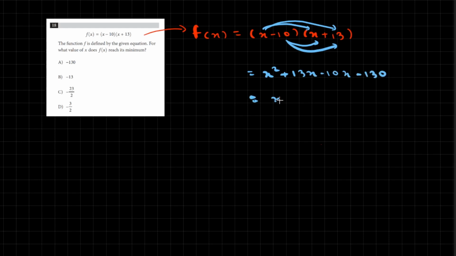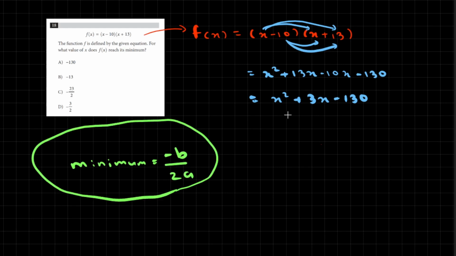Next, let's simplify it by combining those middle terms. 13x minus 10x leaves us with a positive 3x. So, our new equation is x squared plus 3x minus 130. Now, let's bring back our shortcut formula for the minimum, x equals negative b over 2a.